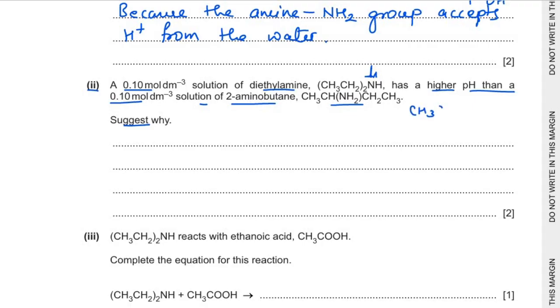It is CH3, CH2, NH, and there is another CH2, CH3 group bonded to NH. That is, one of the hydrogens of NH2 is removed and it is replaced by an alkyl group. Now understand, the structure of this is different than this. Let me draw the structure here.